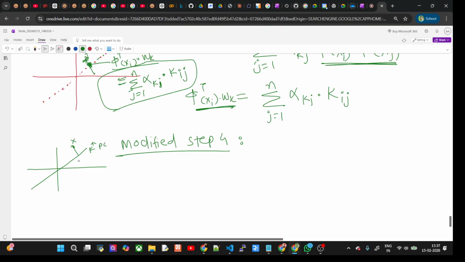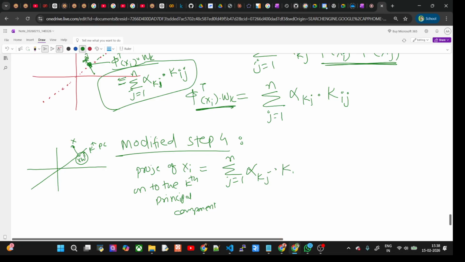So this is w transpose x, and you are doing summation over j of the projection of xi onto the kth principal component. We are getting alpha of kj into k of ij for all values of k.